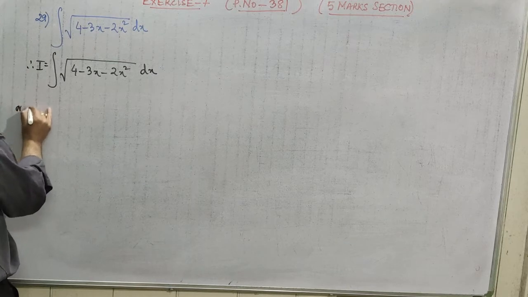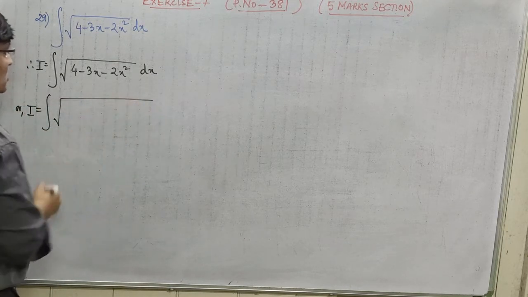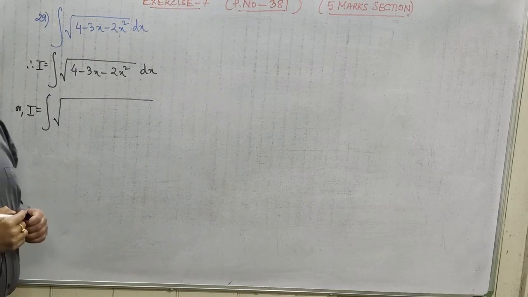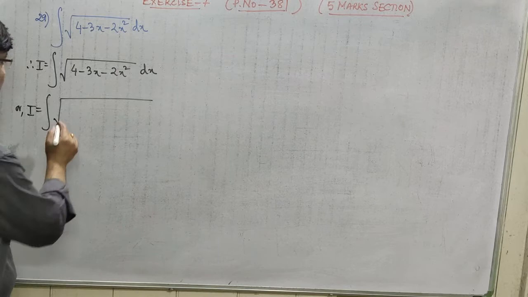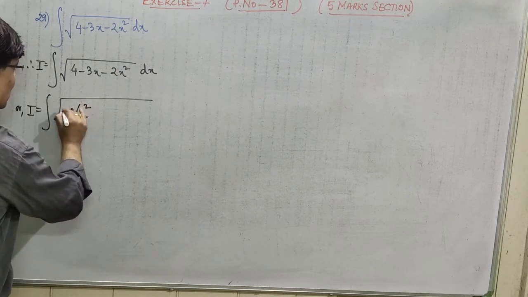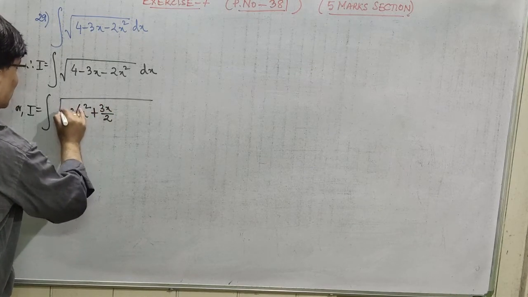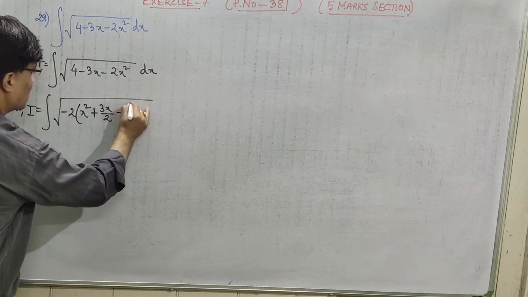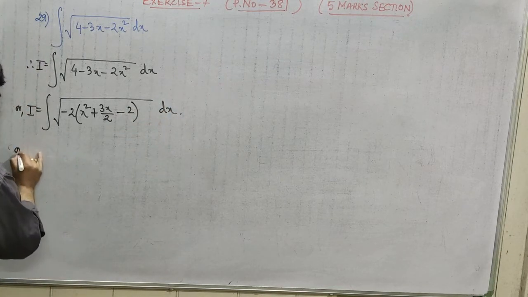Before you convert them into perfect square form, let us make the coefficient of x square positive 1. So here minus 2 is taken common, within bracket x square minus into minus plus, this will be 3x by 2 minus into plus minus 2, then outside the square root there is dx.